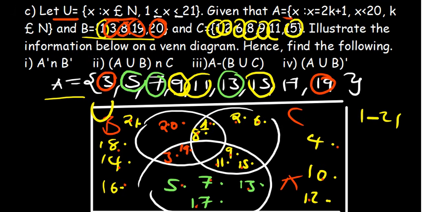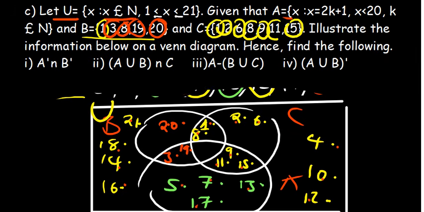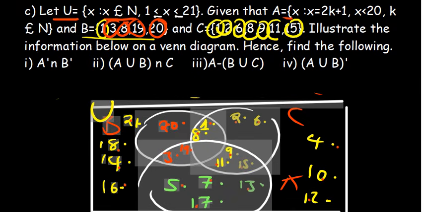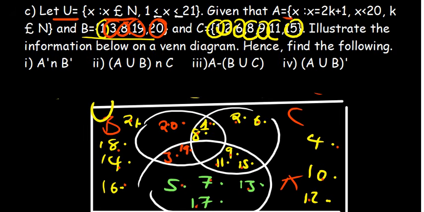So now, let's try to answer the questions that have been given to us. How do we get to answer them? So we've said using the Venn diagram. This requires you to understand the regions that are under discussion. Let me just move this a bit, just one side.